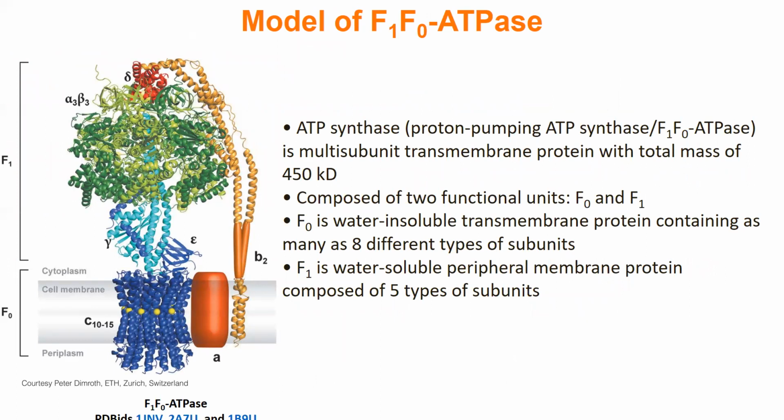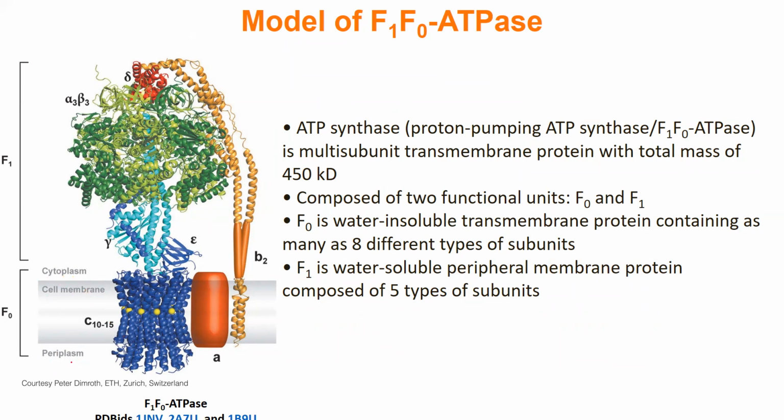Now that we looked at the math, now that we looked at the 4 complexes, let's move on to ATP synthase. And again, what we're looking at here is a bacterial version. Again, that's why you see the periplasm and the cytoplasm here.